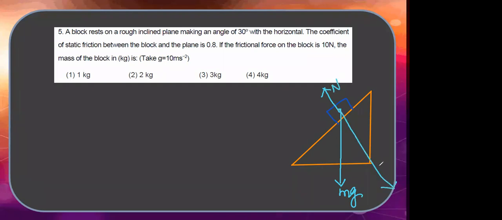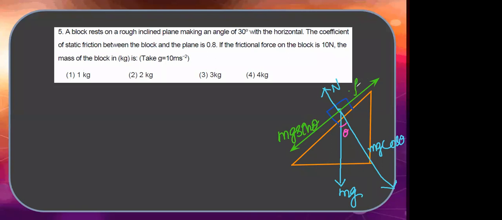This normal reaction will be balanced by the component mg cos theta. This is taken as theta. One component of the weight will act down the incline. This is mg sin theta.